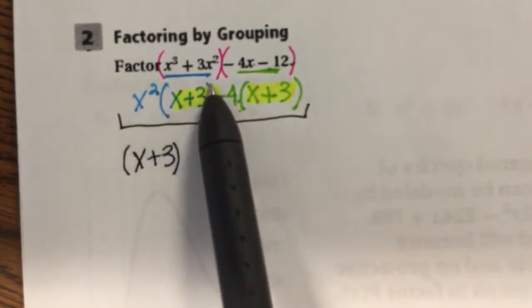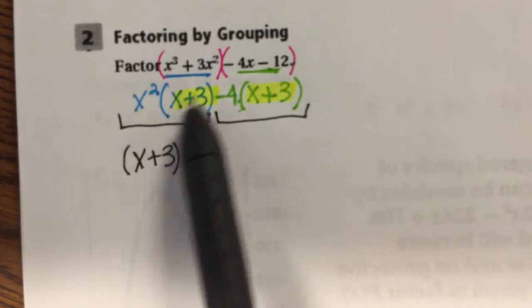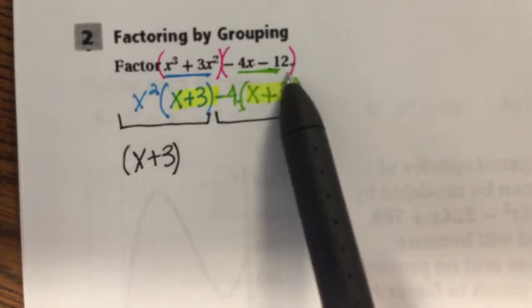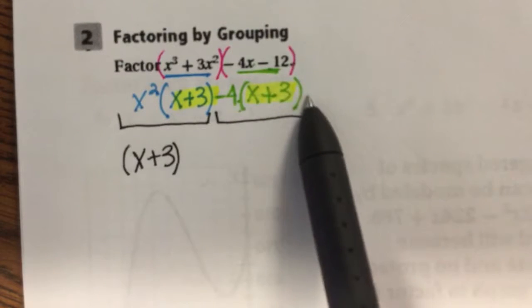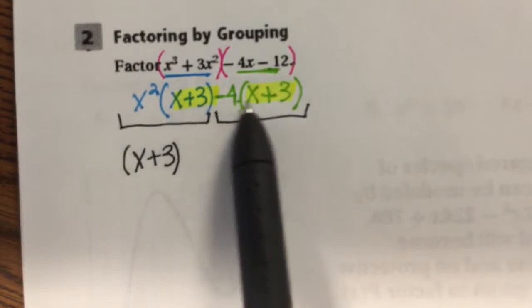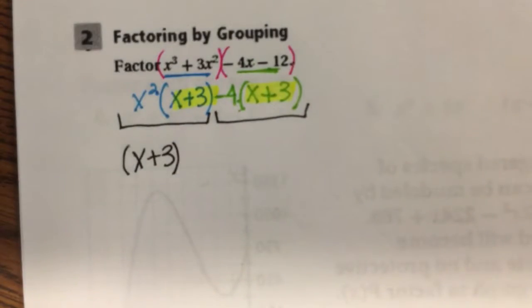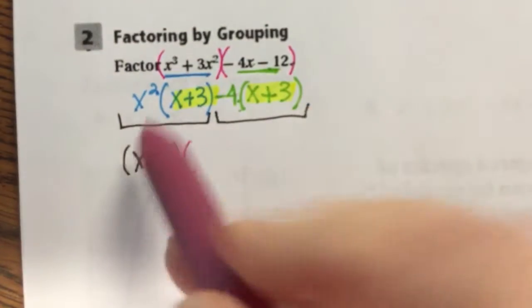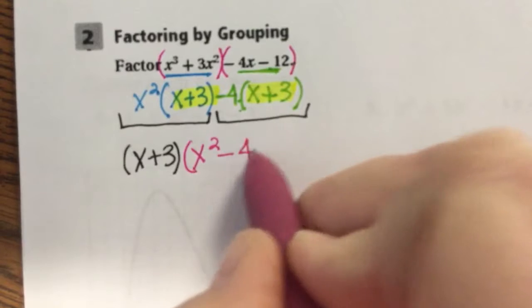We pulled out the x squared that was common and put the leftovers in parentheses. Here, we pulled out the negative 4 and put the leftovers in parentheses. Now we're going to put the leftovers in parentheses. The leftovers are x squared minus 4.